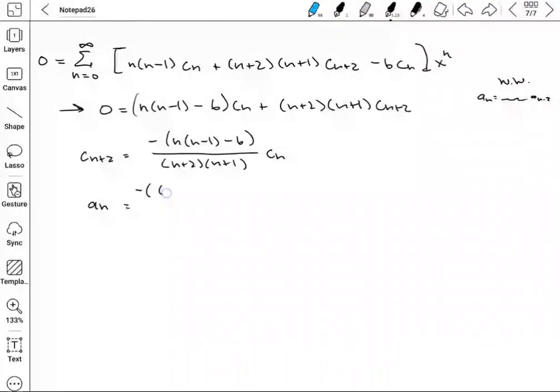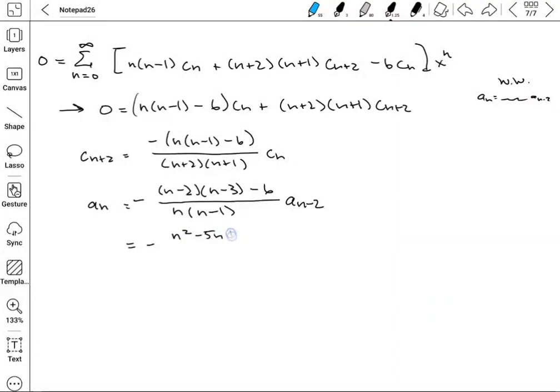So my C_(n plus 2) becomes a_n, and my n becomes n minus 2, my n minus 1 becomes n minus 3, and then in the denominator, that n plus 2 is going to become n when I take away 2, and that n plus 1 is going to become n minus 1. And then my Cn becomes a_(n minus 2). And so now this is the form for the recurrence relation in WebWork.